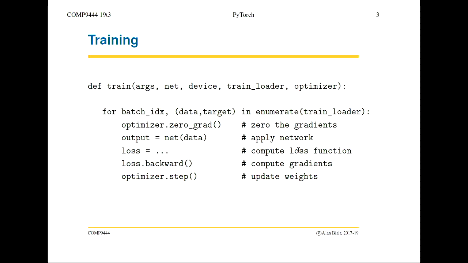Now, there's an explanation in the textbook about what's happening in the background. We don't have to worry too much about the details, but it creates what's called a computation graph. In order to calculate the gradients, it has to keep track of which variables depended on which other variables.